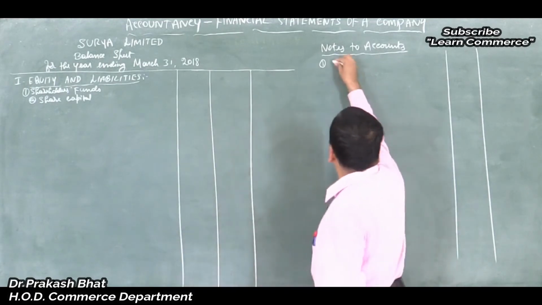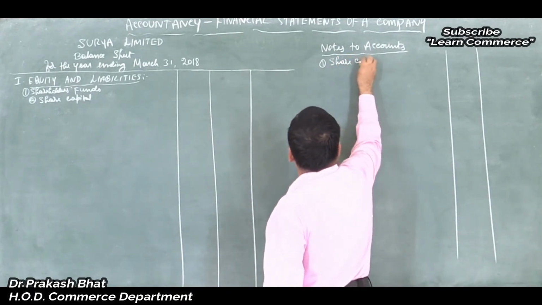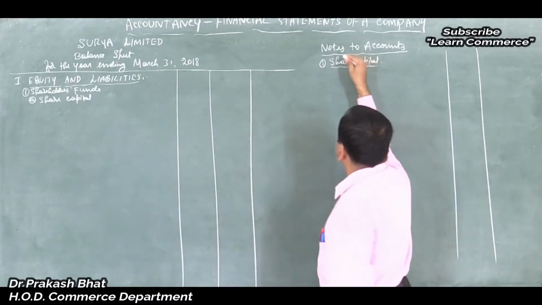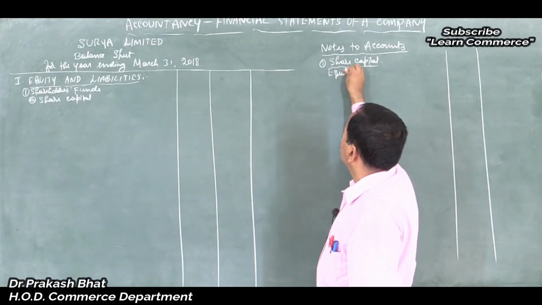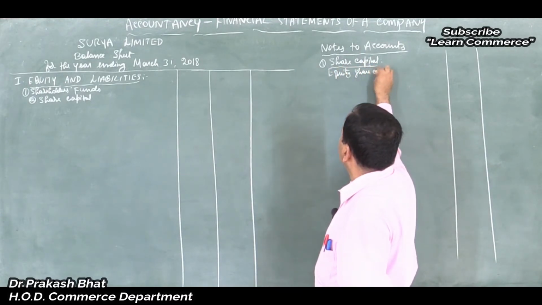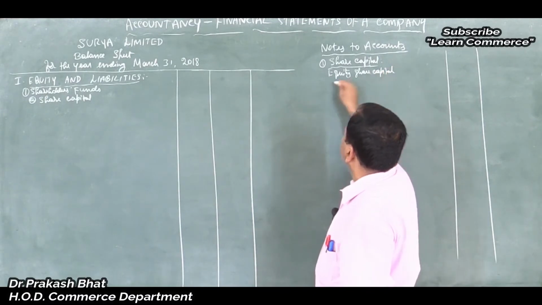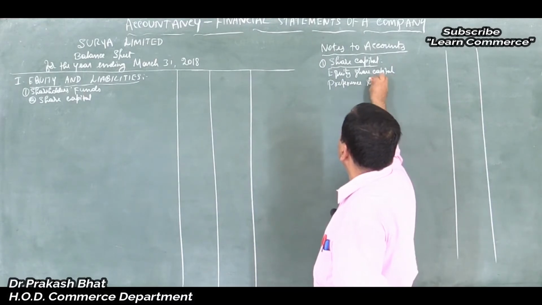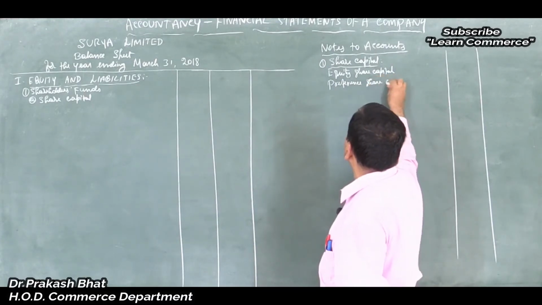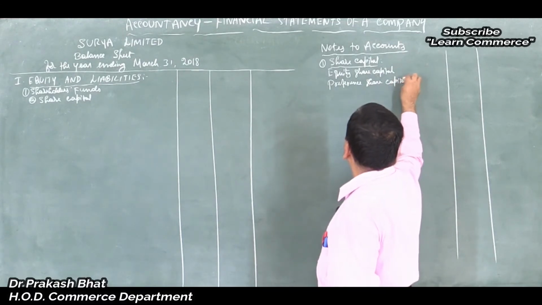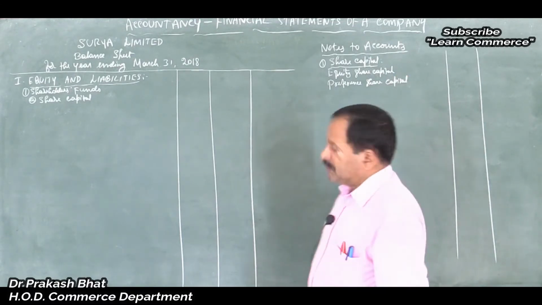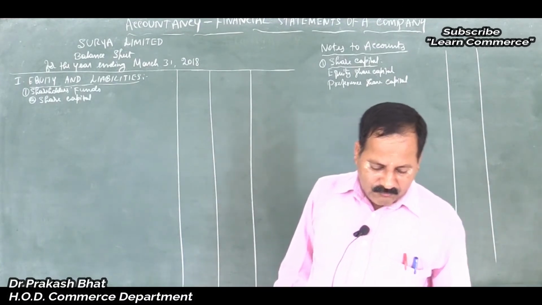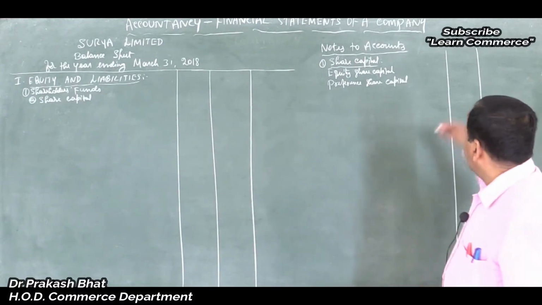Share capital. Under that, equity share capital, and preference share capital. Equity share capital is given in the problem, correct? 20 lakh, inner column.